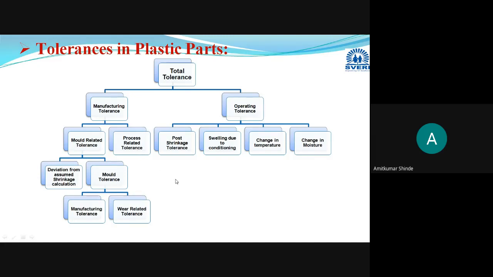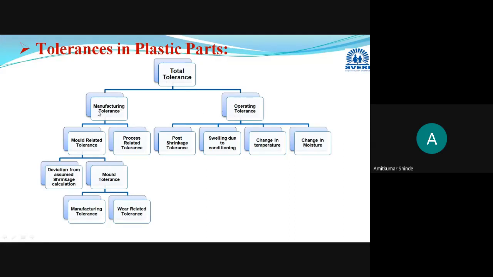Whichever process pressure, temperature, cooling channel will be used, depending on that some tolerance you have to provide there for changes in the process parameters that will be covered under this process related tolerances. Okay, so in this way the total tolerance will be provided in the plastic part by considering the operating tolerance and manufacturing tolerance.